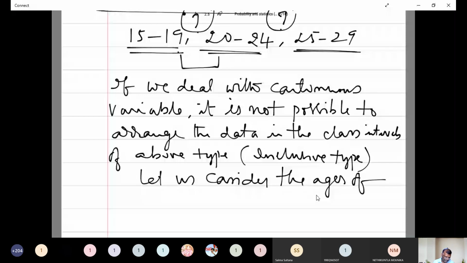Now let us consider the distribution of ages in years.